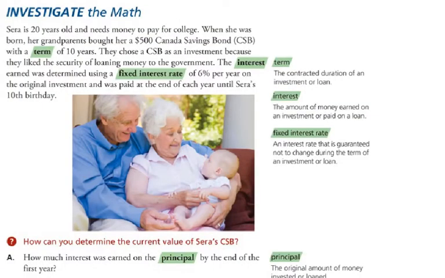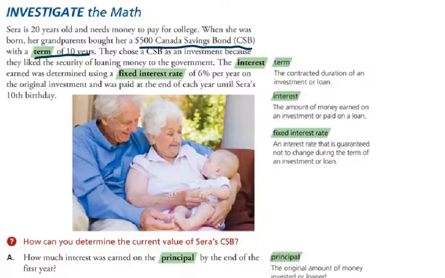So, a typical example of simple interest: Sarah's 20 years old, needs money to pay for college. When she was born, her grandparents bought her a $500 Canada Savings Bond with a term of 10 years, meaning they paid $500 to the government in this case. They acted as the bank, and the government said, okay, we will hold this money. We need to hold on to it for 10 years, and then you get it back with the interest along with the 500.